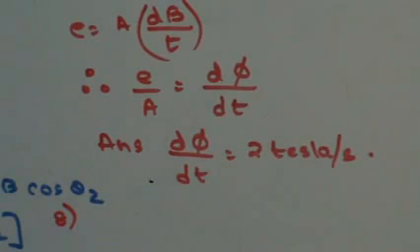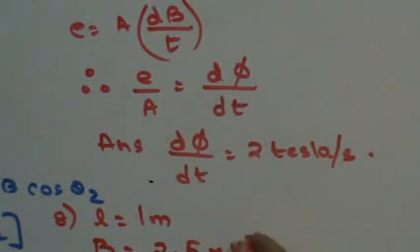A metal rod of length 1 meter is rotated about one end in a plane at right angles to a uniform magnetic field of induction 2.5 into 10 raised to minus 3 Webers per meter square.